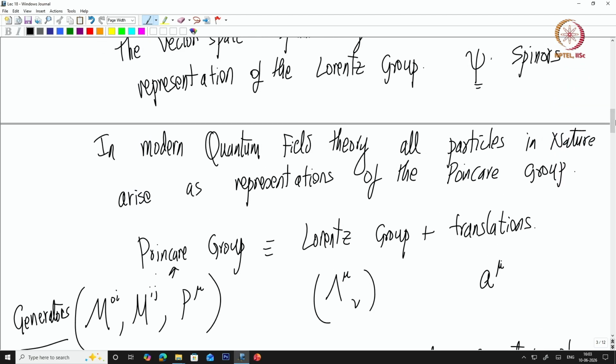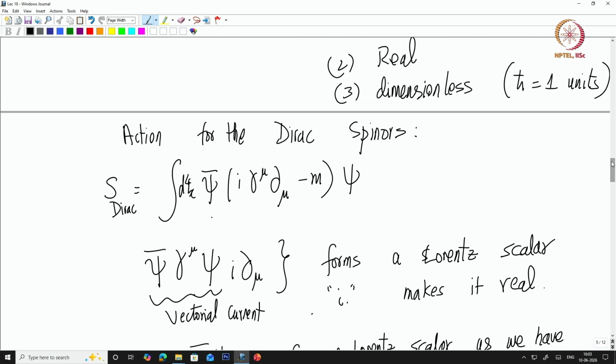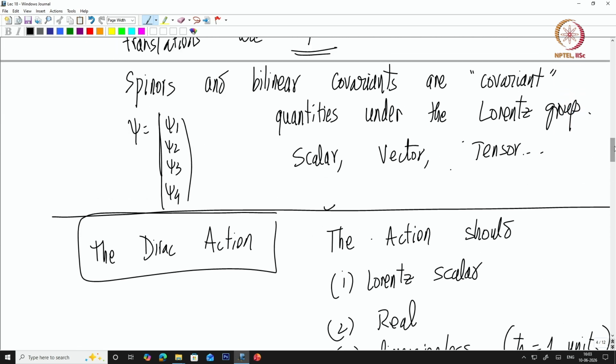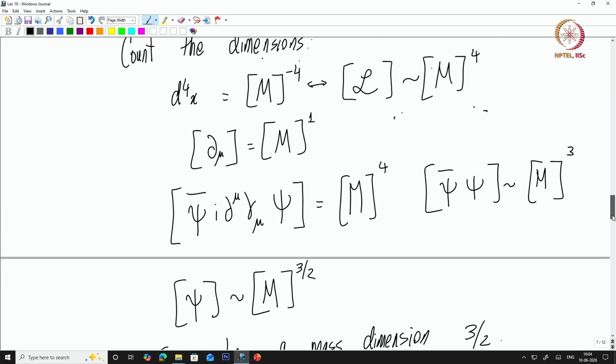Okay, good. So, what we have done today is essentially looked at how to write the Dirac equation, the Dirac action. How did we get the Dirac action? In the entire exercise today, we have done it completely differently. We started with the Lorentz group representations, and then we wrote down the Dirac action, and from the Dirac action, we derived the Dirac equation.